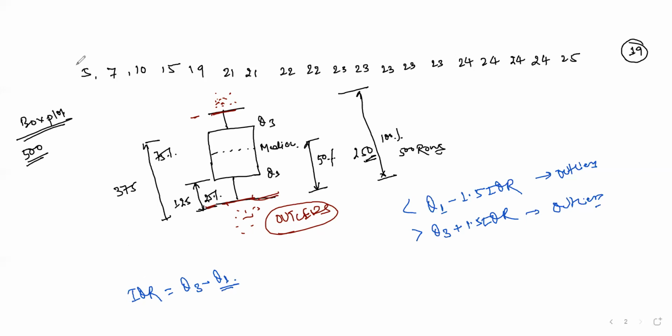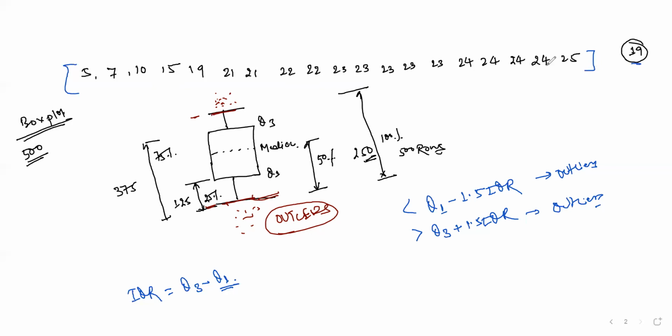So in order to find the outliers in my data set, I first need to find Q1, Q3, and IQR, and then I'll put in the values to find which of these data points will be an outlier. Before that, let's quickly find the median. This data set has 19 records, and I believe it is already sorted.